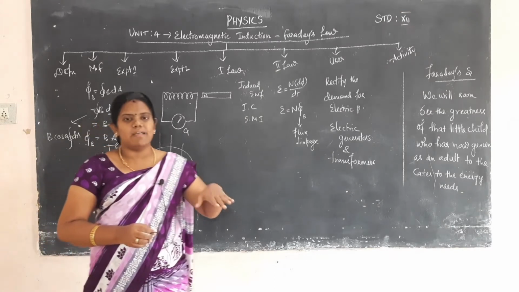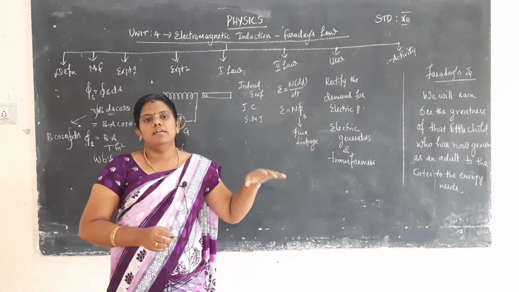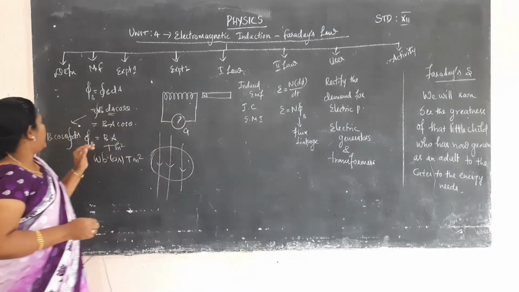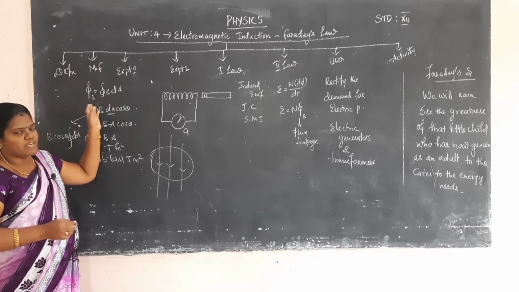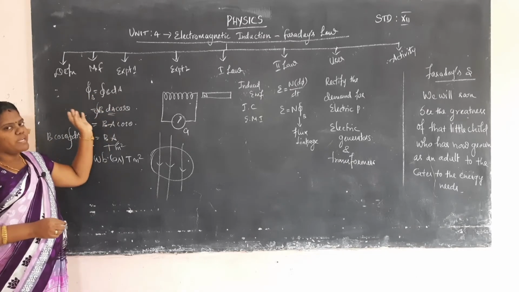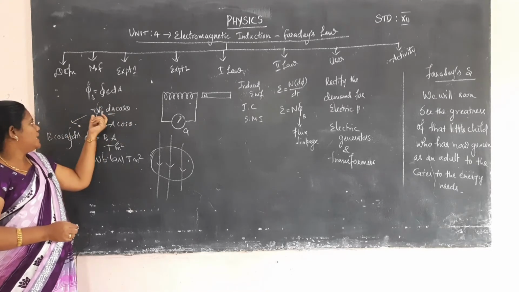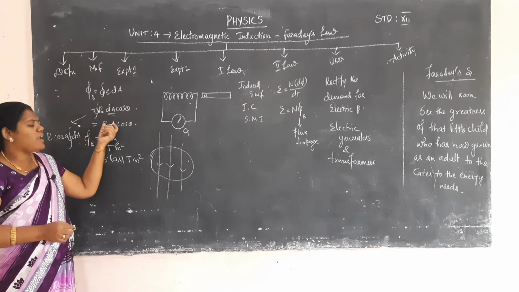Magnetic flux is nothing but magnetic field lines crossing a particular area, or crossed per given area. So magnetic flux is equal to the closed integral of B vector dot dA. B dot dA is equal to B dA cos theta, and the integral of dA is A. So B A cos theta.